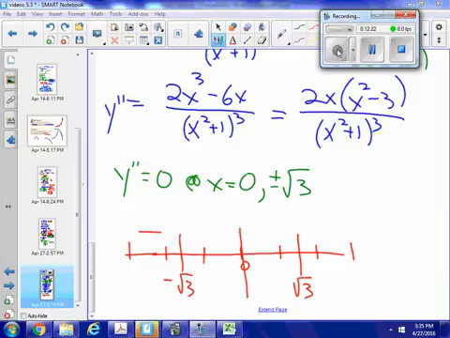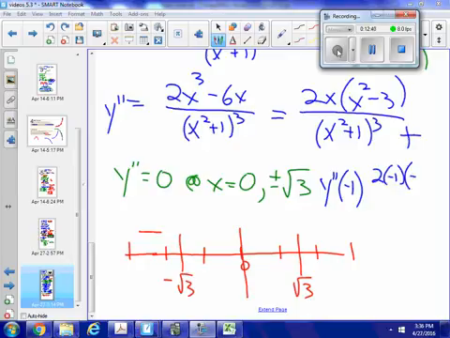Let's test y double prime of something in the next interval. Let's test it on -1. Well, again, I know my denominator is always going to be positive. So I'm only concerned about my numerator. Well, I would have 2 times -1 times (-1 squared minus 3). This is going to be a negative. This is going to be a negative. A negative times a negative is a positive.